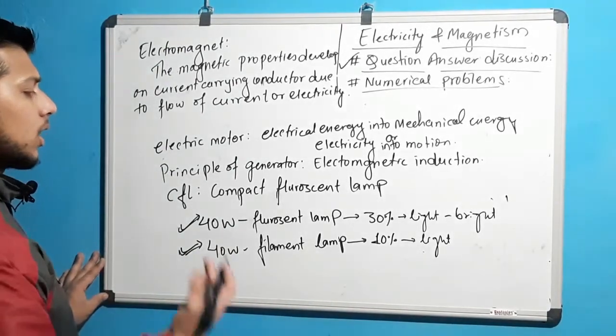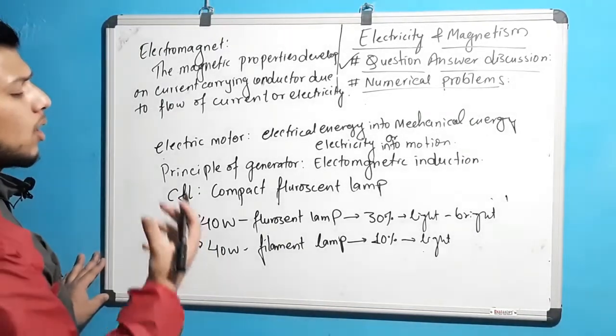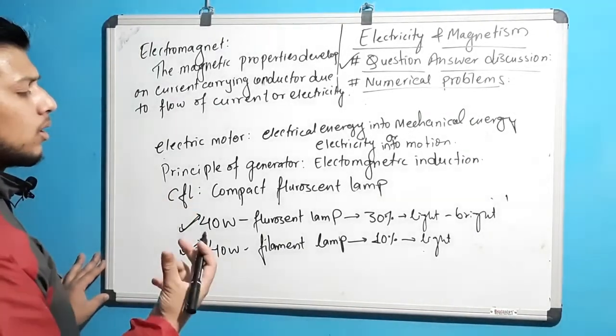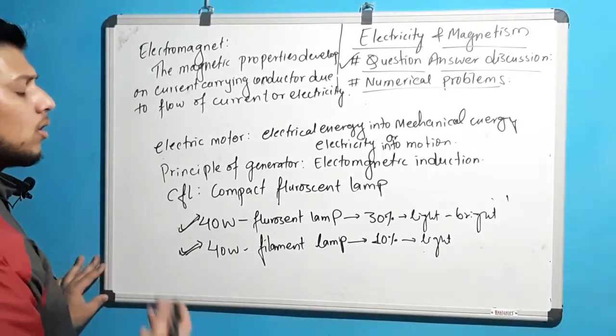Fluorescent lamp converts 30%. But the filament lamp converts only 10% of input electric energy into light energy.